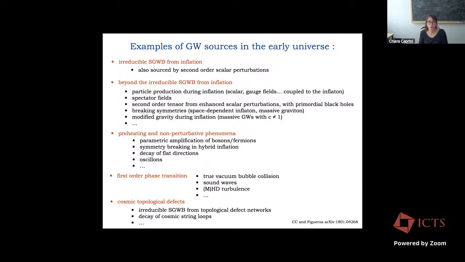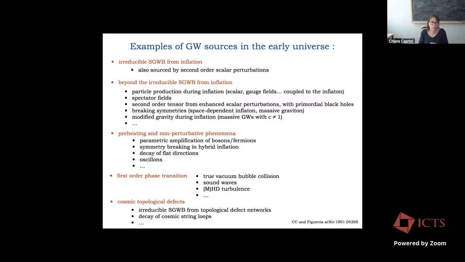So at the end of inflation, one expects that the vacuum energy that was contained in the inflaton is transferred to particles, probably Standard Model particles, at least at some point, to put the universe in a thermal state.